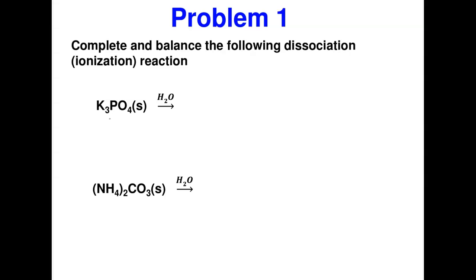If you look at this, potassium and phosphate, phosphate is a polyatomic anion and is a single entity. So the first thing we need to do, another thing that will help here, is that you need to know the charges of the various ions. And you can only know that by knowing the groups to which these metals belong. Now, potassium belongs in group 1, so it's going to have a charge of +1.